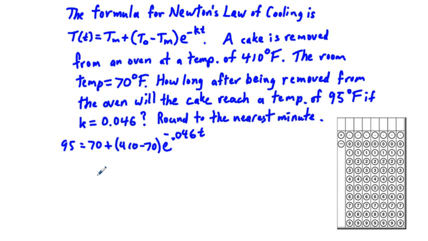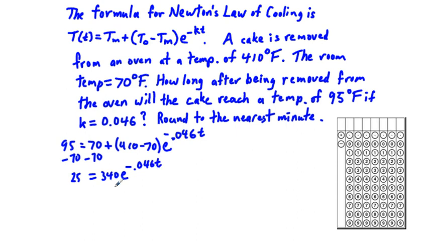So we can simplify here, subtract 70, and so we have 95 minus 70 is 25. And on the right side, we have 410 minus 70, which is 340, times e to the negative 0.046 t.